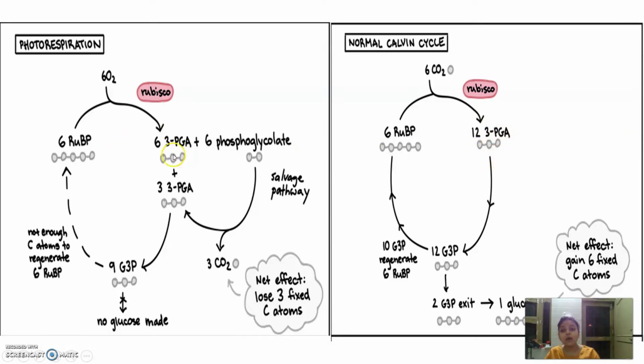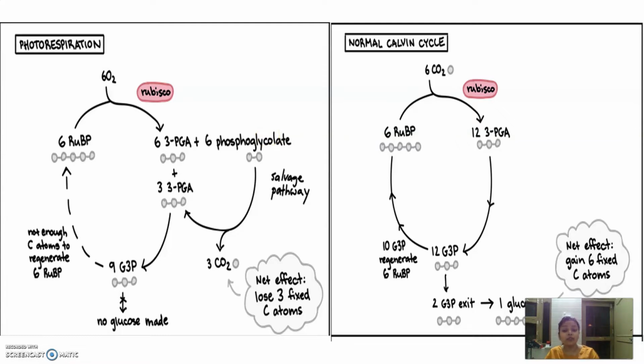But in this case, one PGA and one phosphoglycolate are formed. This means 2 carbons are wasted for each molecule of RuBP.